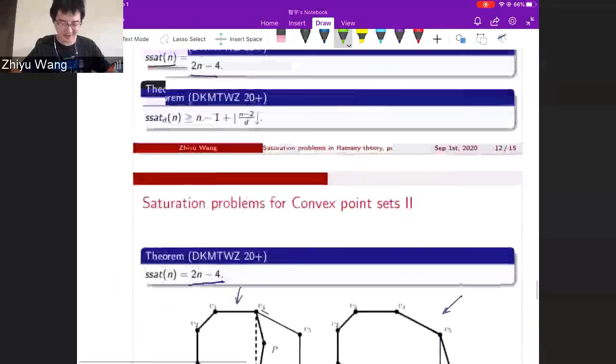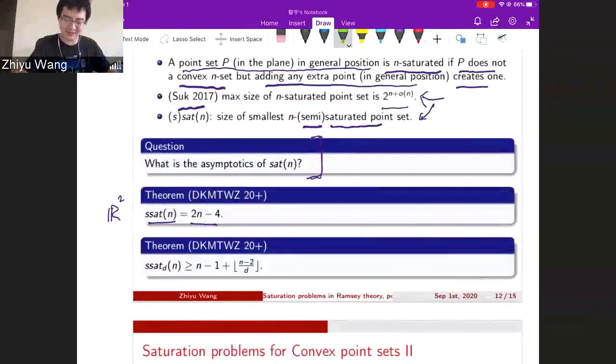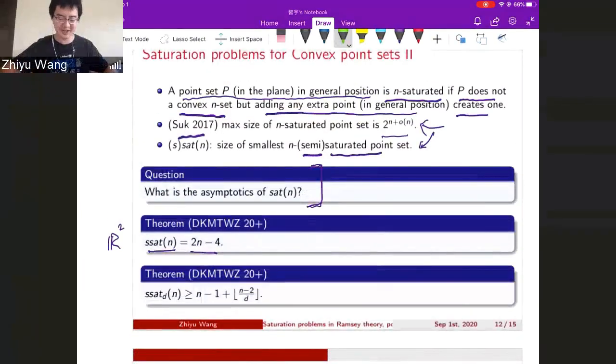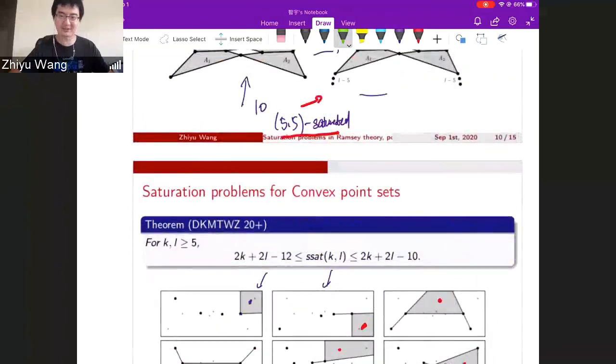All of those we talked about are semi-saturation numbers. For the saturation number of convex n points, it's wide open. We don't even know the asymptotics of that. Even knowing the asymptotics would be very nice. And for the k cup and k cap, there's a gap there.